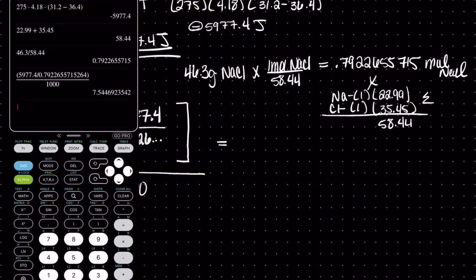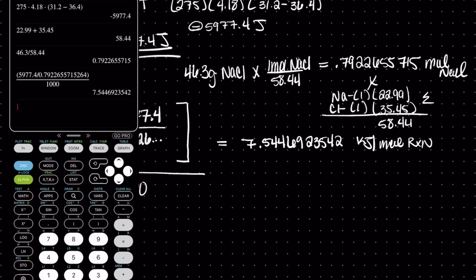I get a whopping 7.546923542 kilojoules per mole of reaction.